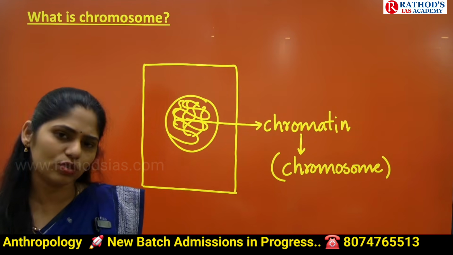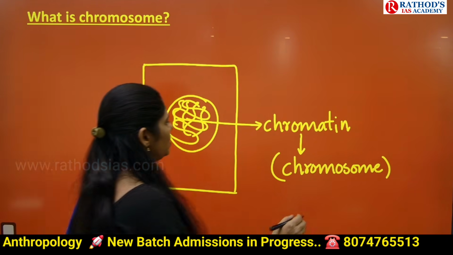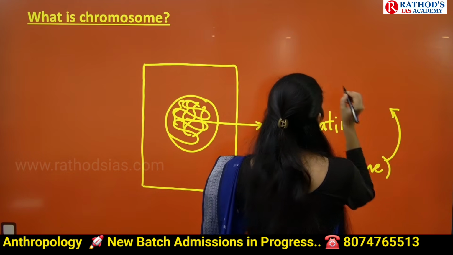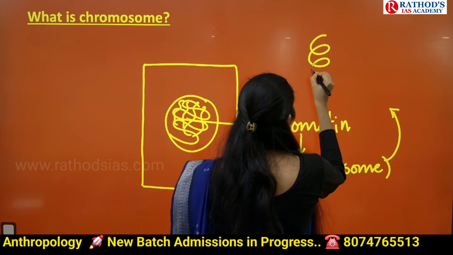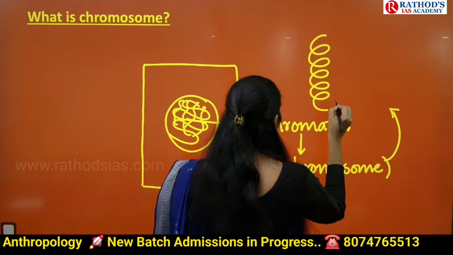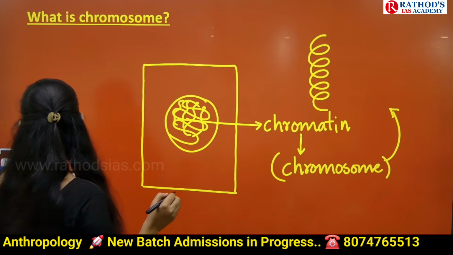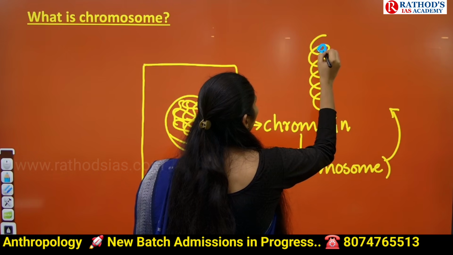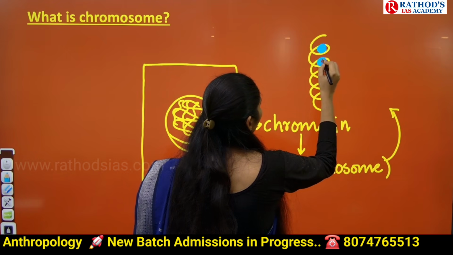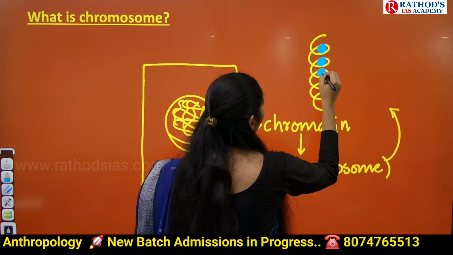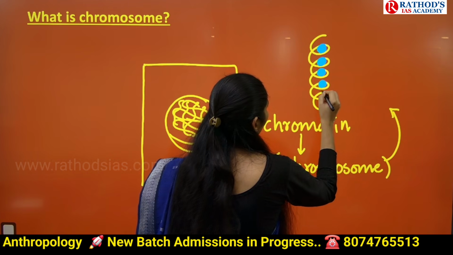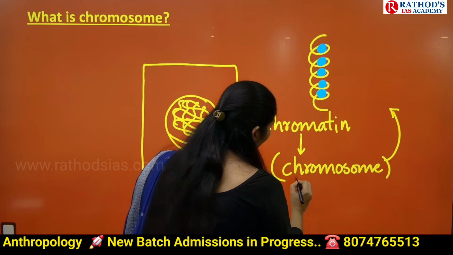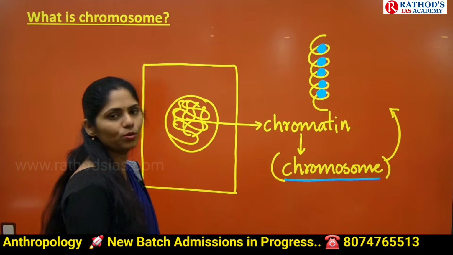And what does this chromosome contain? This chromosome is nothing but coiled DNA, and this DNA is coiled around a protein called histone protein. Around this histone protein, DNA is coiled and tightly packed to form the chromosome.